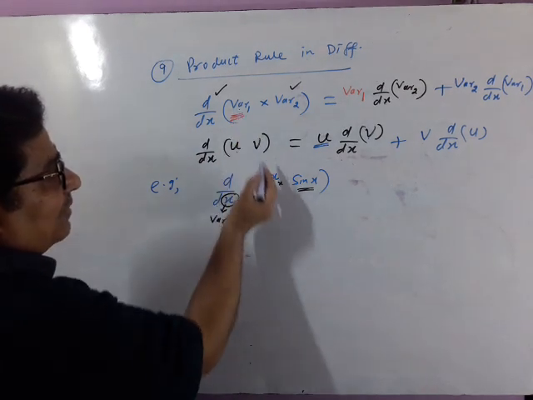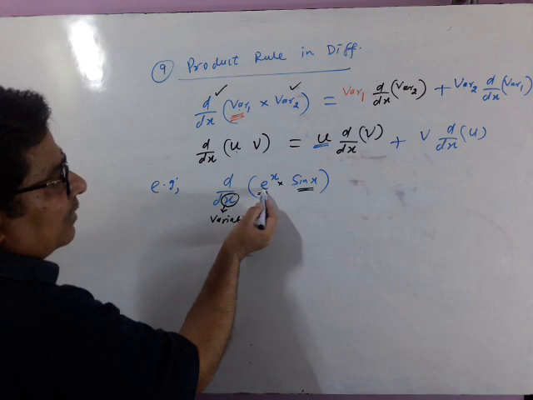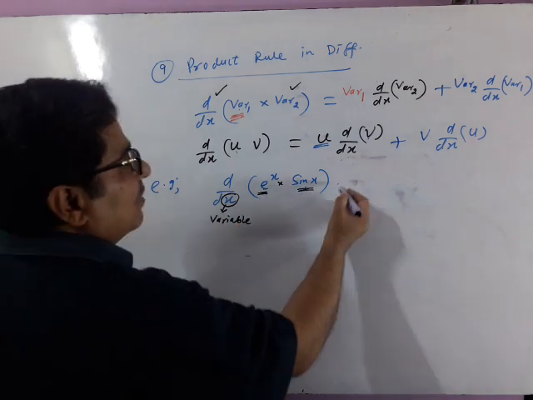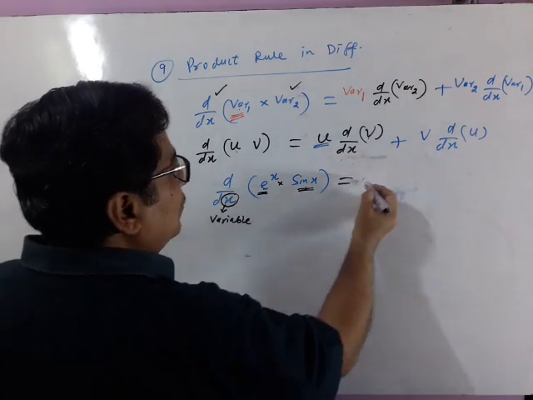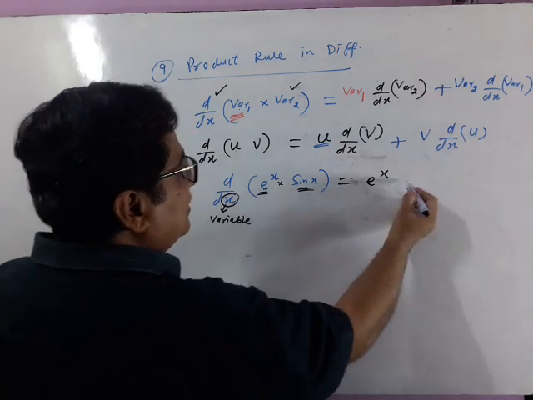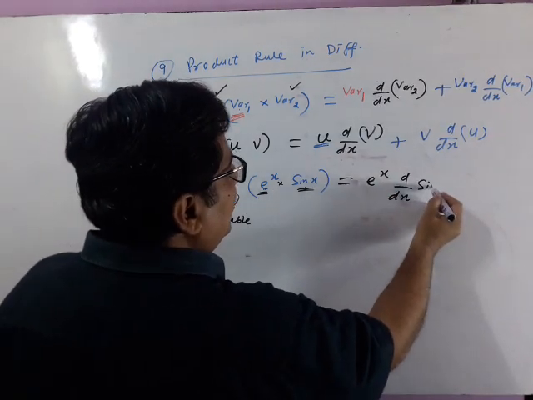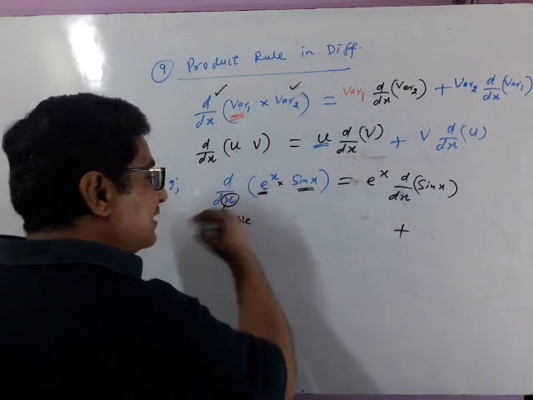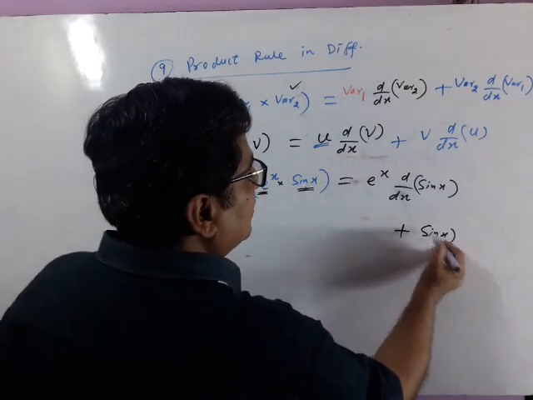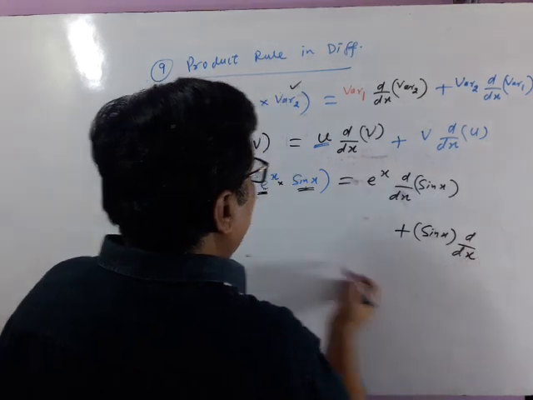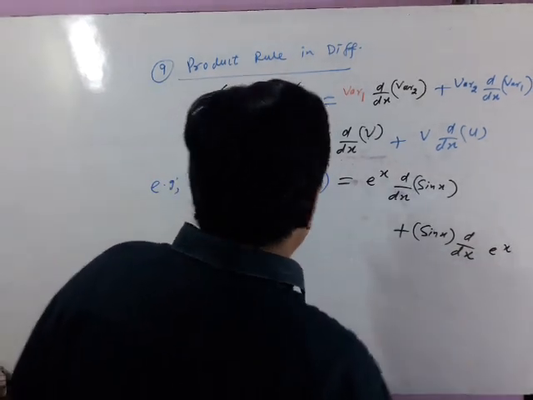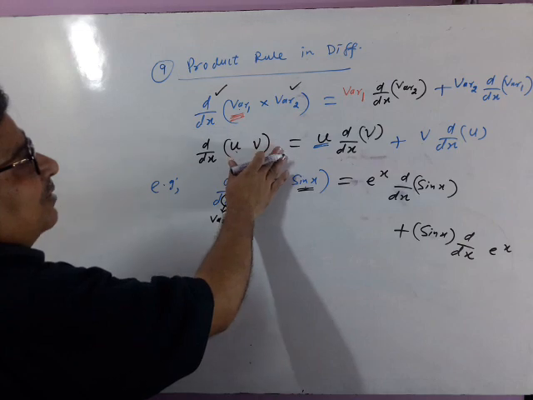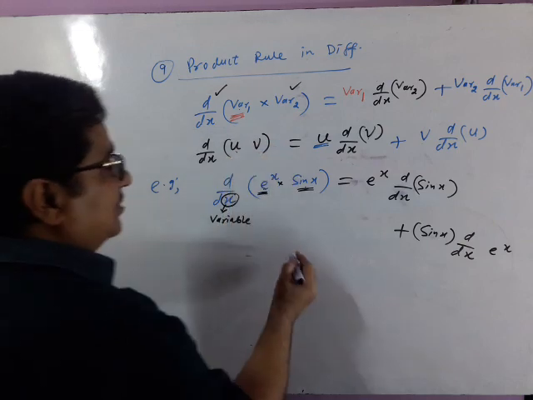Consider one as variable 1 or u and another as variable 2 or v. So what to do? Take one as constant, e raised power x taken outside, differentiation of sin x, plus, alternatively, now take sin x outside and differentiation of e raised power x. Once again, breathe in. This is the formula of product rule in differentiation.